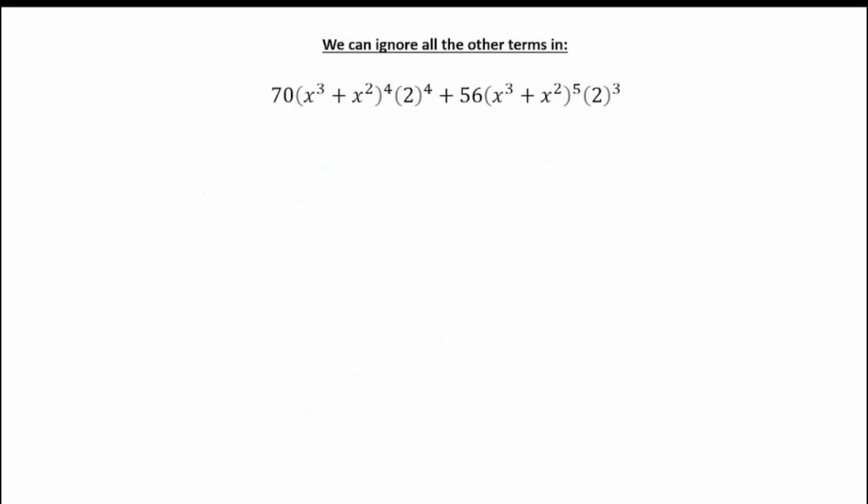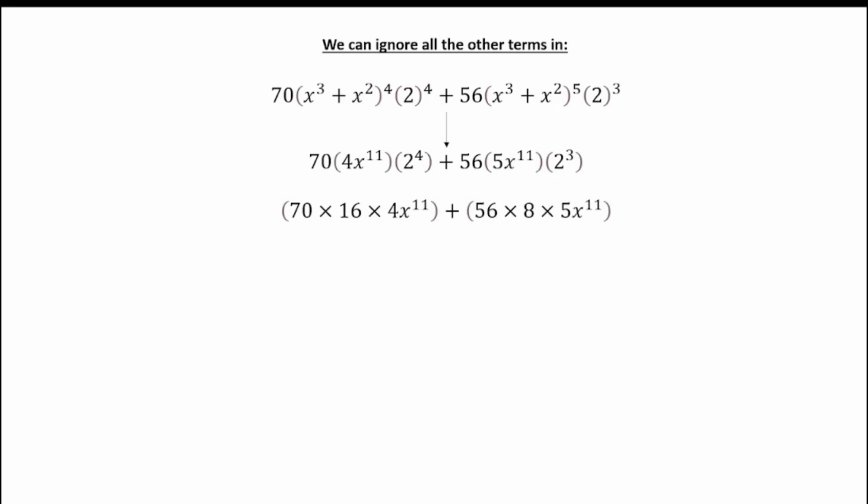Because we have found x to the 11, it is obvious that we can ignore all the other terms in this expansion. So we can replace the (x cubed plus x squared) on both scenarios with 4x to the 11 and 5x to the 11 as we had on the previous screen.